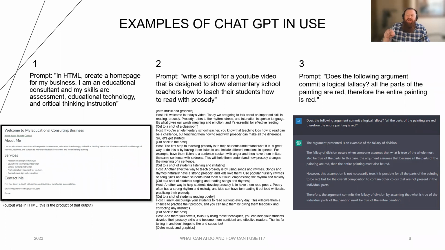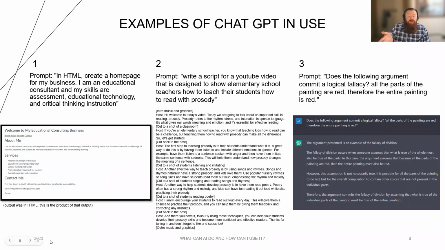This next prompt, my mom was wanting to do a video. She teaches reading, and she wanted to do a video about teaching prosody. So I was like, hey, let's see what ChatGPT does with that. You can see it created this script: intro music and graphics, cut back to the host, right?